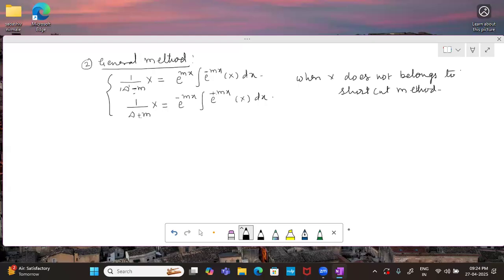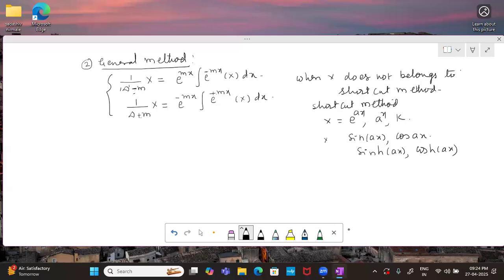And remember that we can apply the shortcut method when capital X is e raised to ax, a raised to x, or k. The second one is sin ax or cos ax, sin hyperbolic x, cos hyperbolic x.